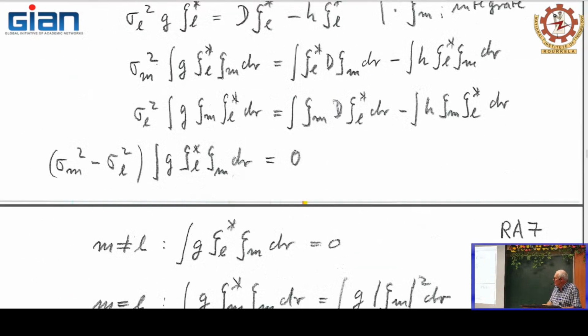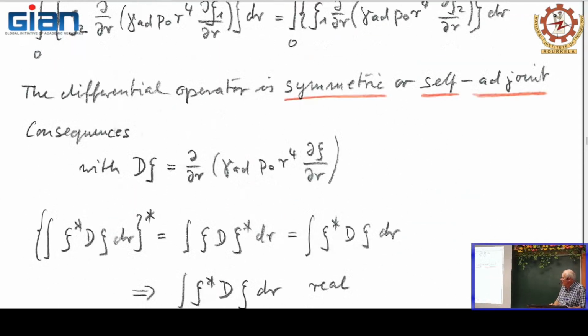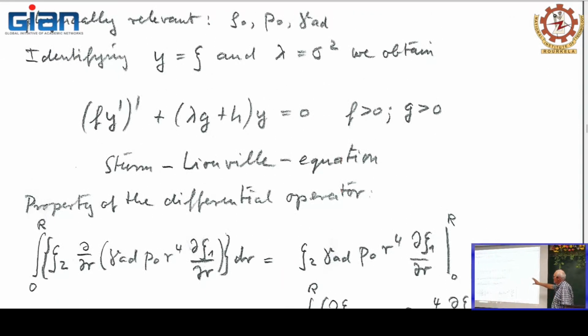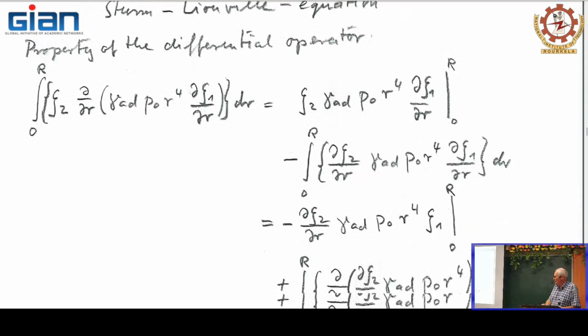To remind you, they are defined by a differential equation of this form, and we have seen that our problem is exactly of this form with the property that f and g are positive functions. So we can take the results known from the mathematics of this system and apply them to our linear radial wave equation.